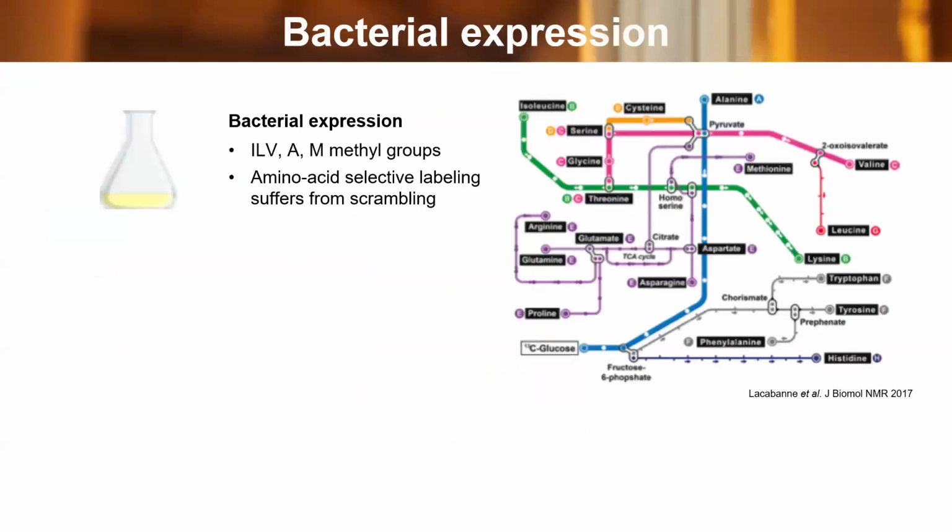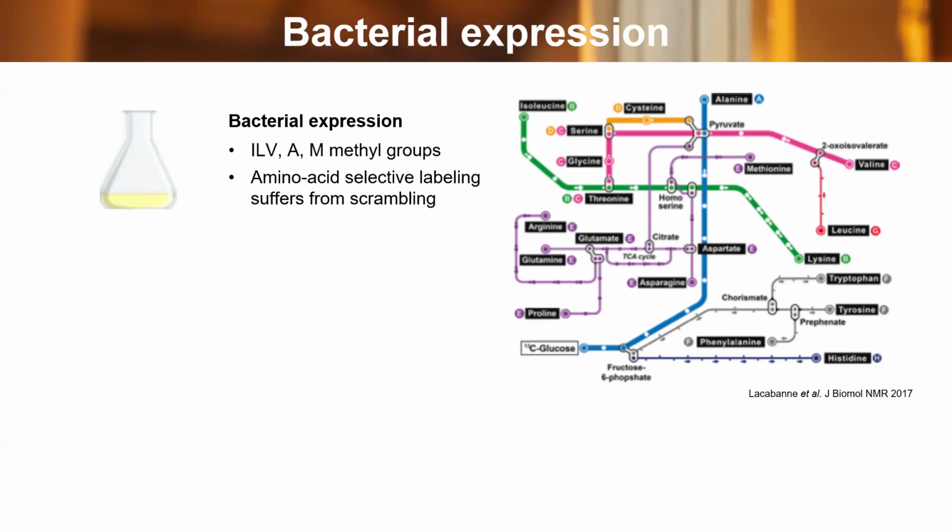If you produce your protein in bacteria, you can selectively label amino acids, for example, the methyl groups of isoleucine, leucine, and valine, or alanine or methionine, but it's not working for all of them. And here is why. Here you see the metabolic pathway map in E. coli.